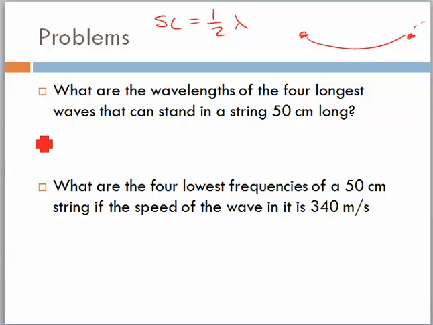So the first one here is the string length is 50, and it's half of the wavelength. How do we get rid of half? We multiply both sides by 2, and we get wavelength equals 100 centimeters, or 1 meter. The next one then would be 2 halves, or 1 wavelength.